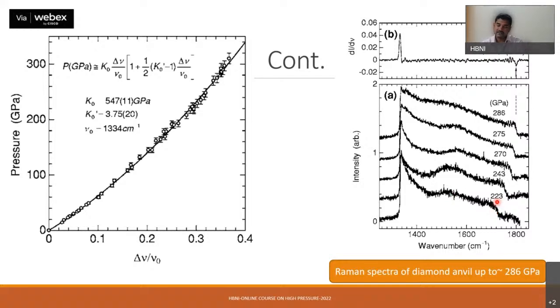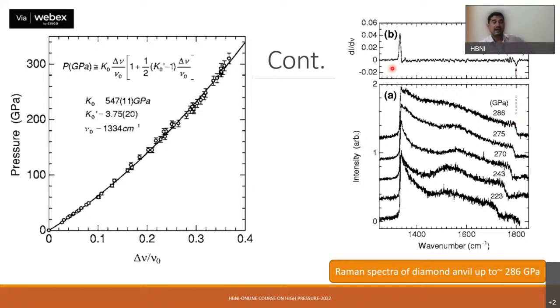So to calculate the position of this edge accurately, you take the first order derivative, and the value around this point shows you the exact position. So at the higher pressure of 286 GPa, this point is around 1801 centimeter inverse.